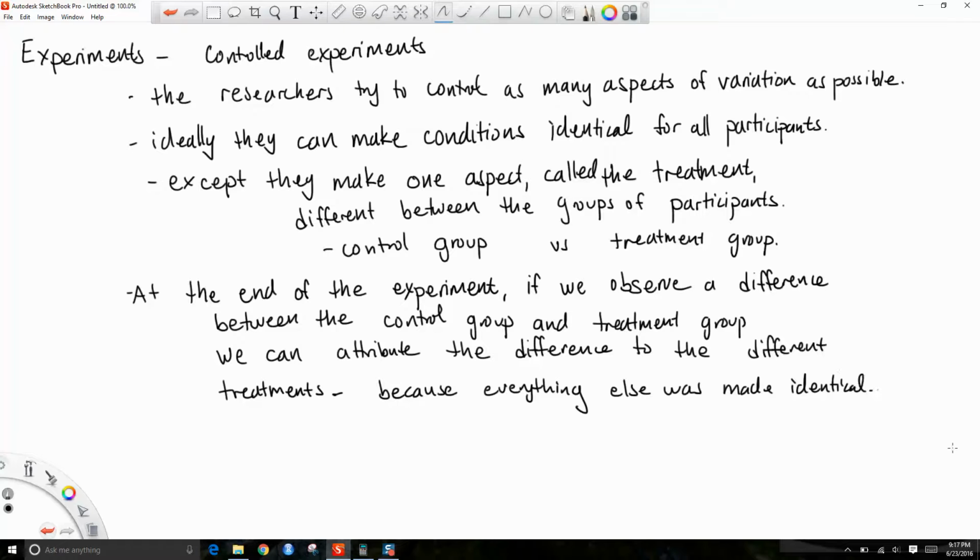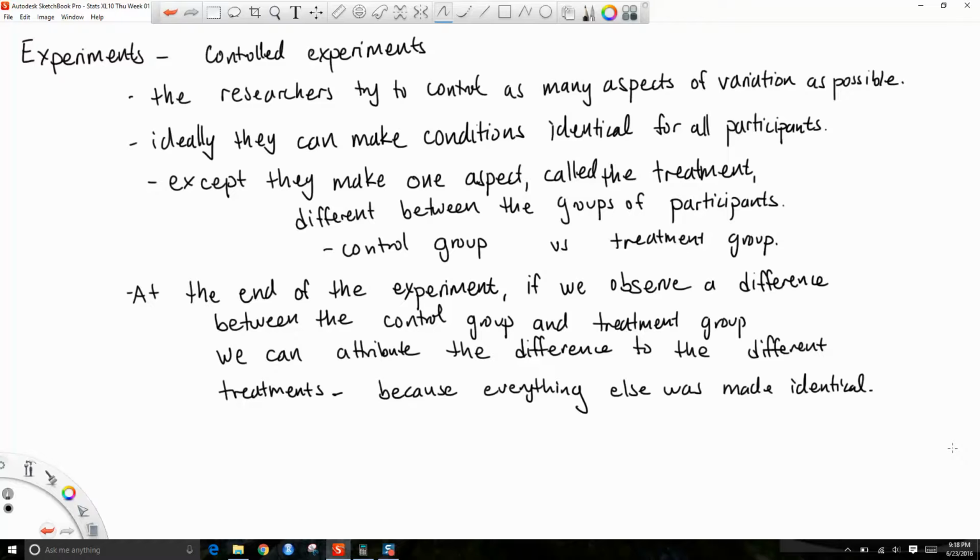So in the ideal situation, we can get a bunch of people with similar genetic backgrounds, because we don't want genetics to play a factor, so maybe a whole bunch of people of the same gender and similar genetic backgrounds. We try to give them all the same diet, the same daily schedule, we try to control as much as we possibly can, and we say this group gets a placebo, basically something to keep them as the control group, and this group gets the experimental drug, whatever it might be.